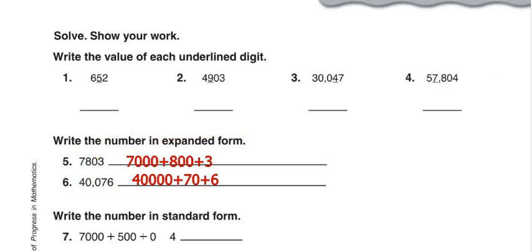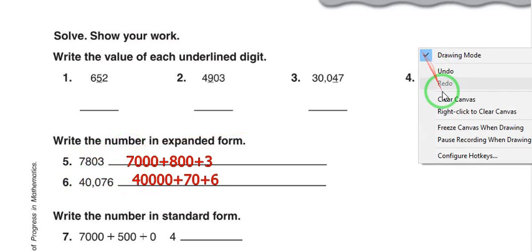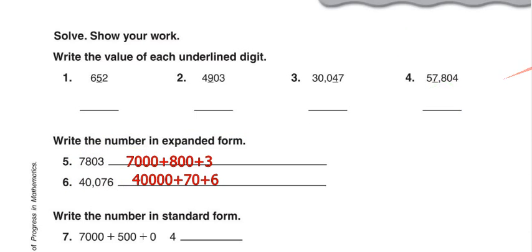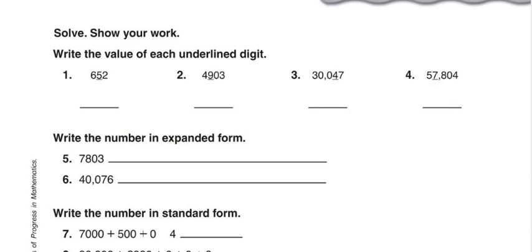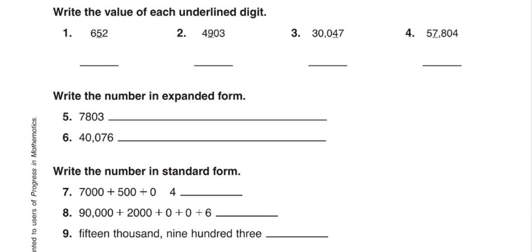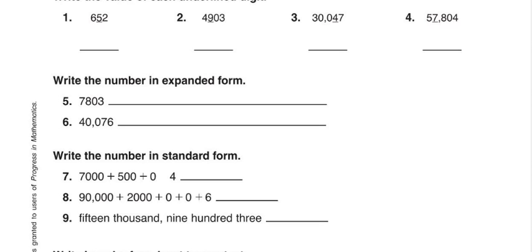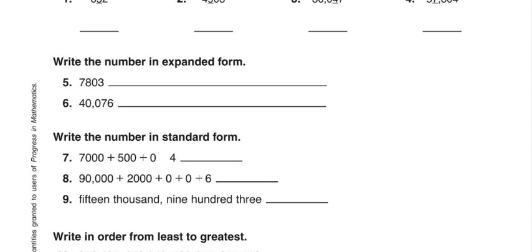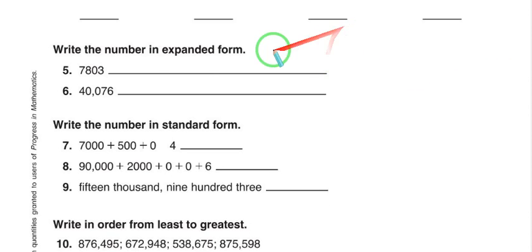Now let's check what we have next. Write the number in standard form. These questions are opposite. Okay, now I have this one, which is 7,500 plus 0.